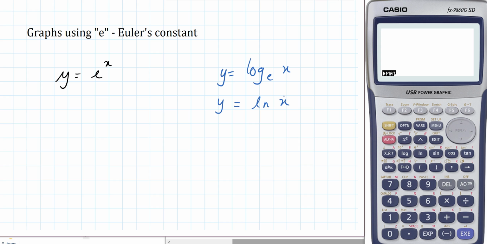So the letter e is this number that Euler is attributed with finding and working with. If we look at what the actual number is on the calculator, it's just the number 2.718281.